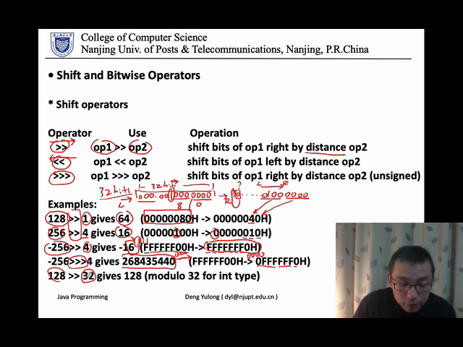If its shift distance is the same as its size, 32, and we shift it by 32 bits, the result is that the number stays the same, it is not changed. Okay, this is about the shift operators.